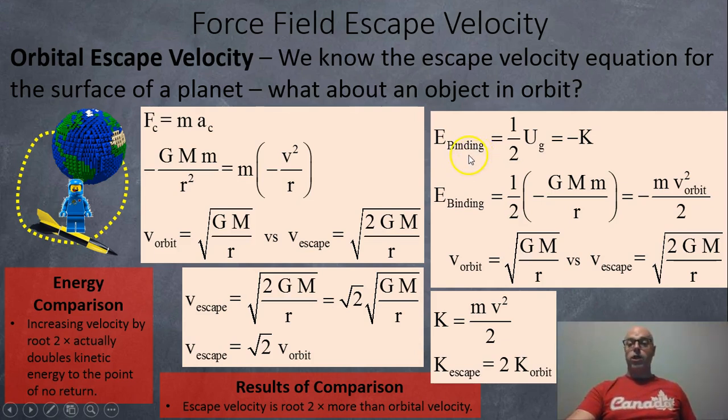So the total energy in a stable orbit is equal to 1/2 your gravitational energy, which is equal to minus your kinetic energy. And so to escape, you actually have to double your kinetic energy. And to double it, you only have to multiply your velocity by √2. So there you go.